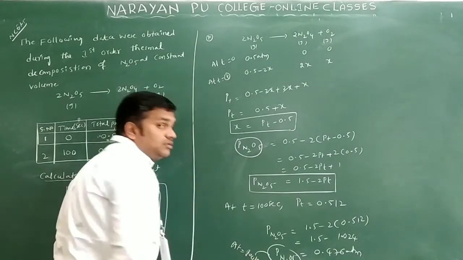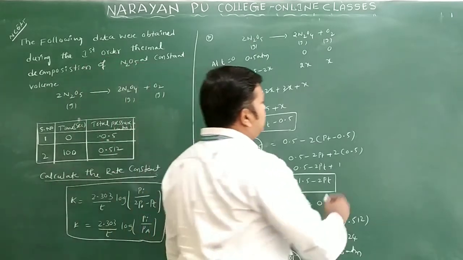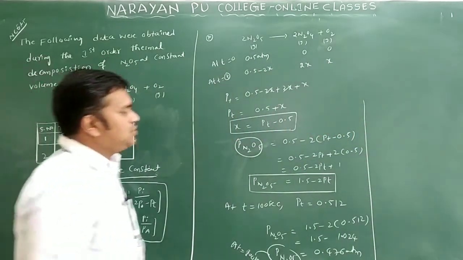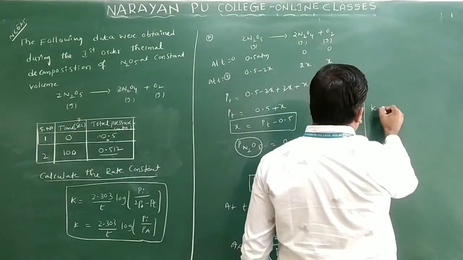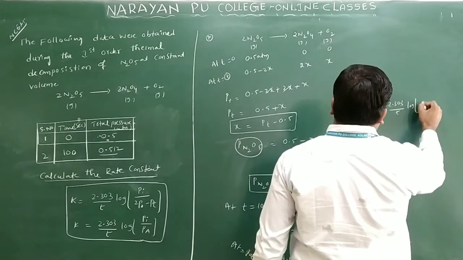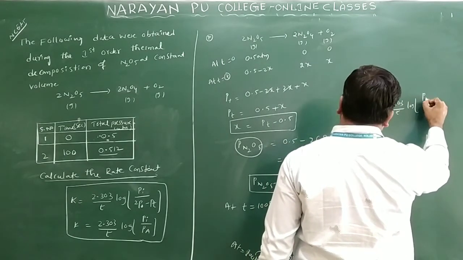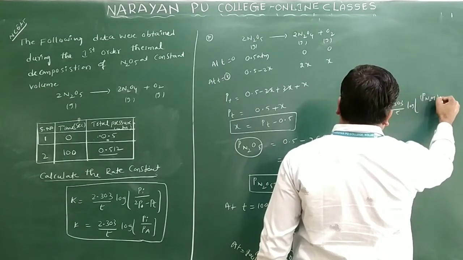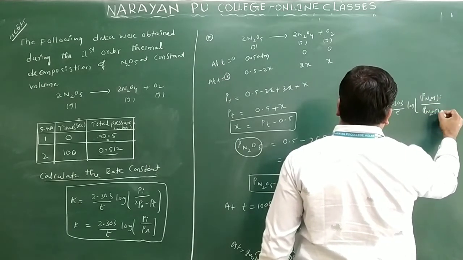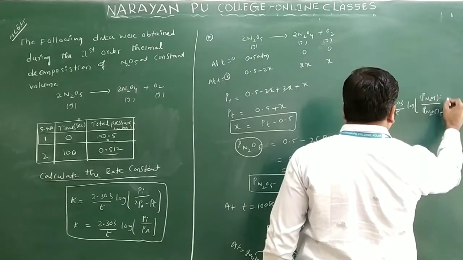So this is the partial pressure of N2O5 at time t equals 100 seconds. Now what can you find out? You can find out the rate constant K. So K is equal to 2.303 by t into log of partial pressure of N2O5 initial by partial pressure of N2O5 at final.